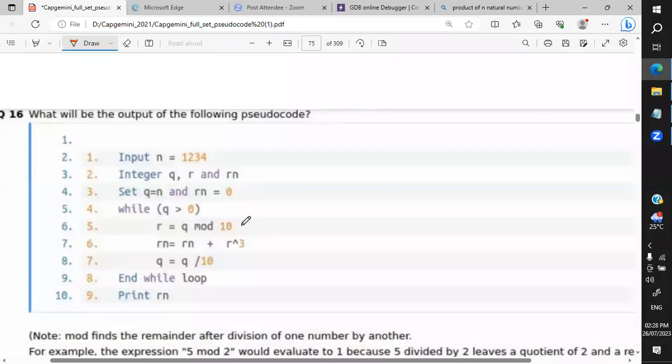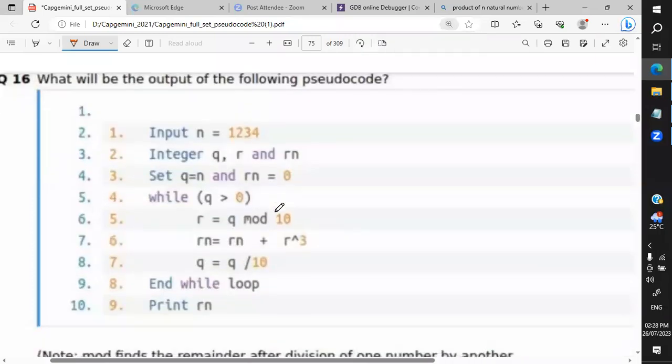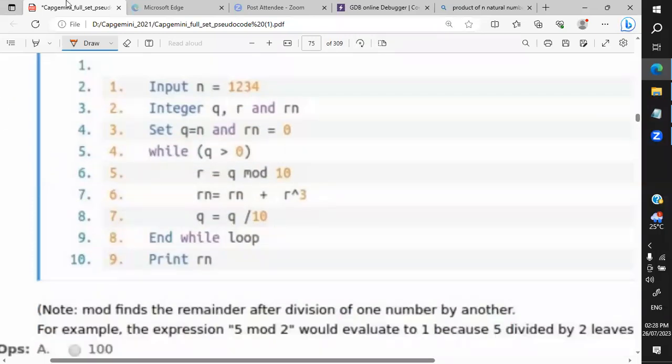Next. This one, I think we have done it. No, we have done something similar, but not the same one. Please try this. Similar one, but not the same one. Please try it.